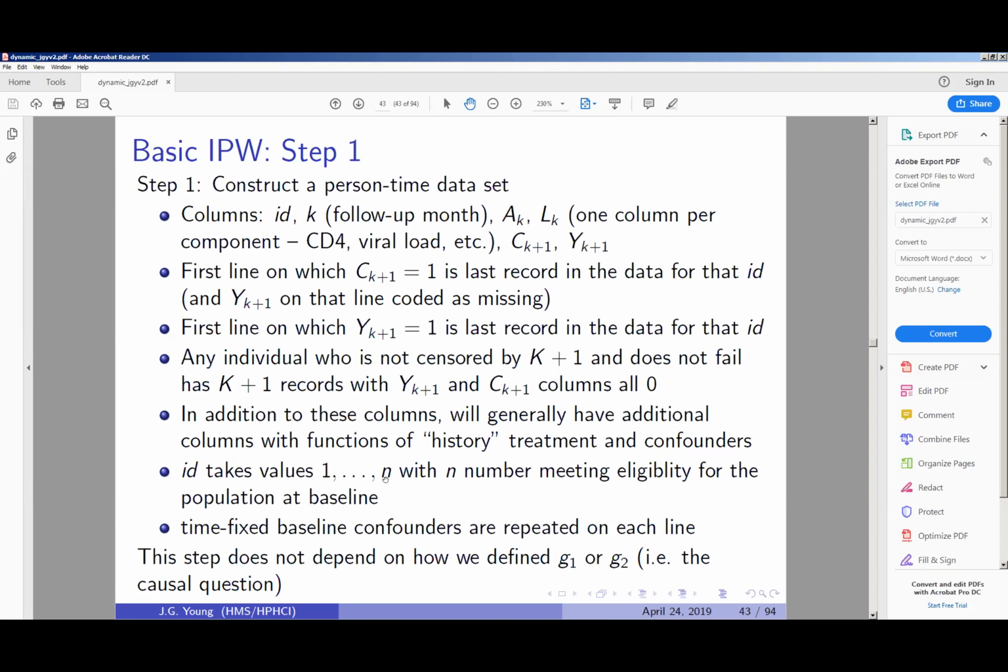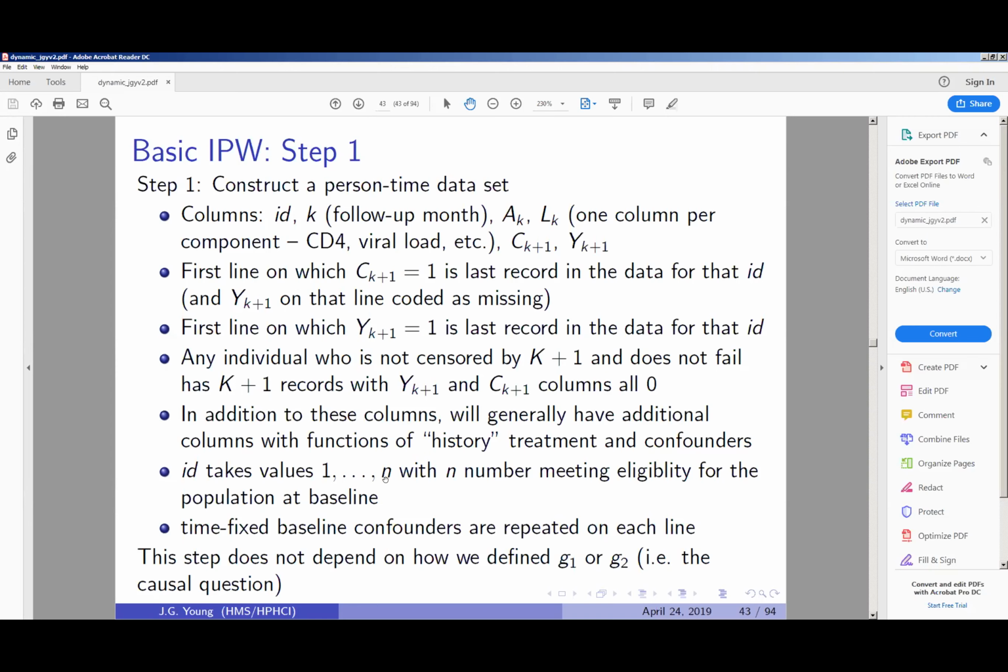Also, the first line on which YK+1 is 1, so the first month in which a subject dies, is going to be the last record in the data for that ID. Any individual who is never censored and never fails throughout the follow-up is going to have capital K+1 records, again, 60 records, with the whole column of Y and C for that ID being equal to 0.